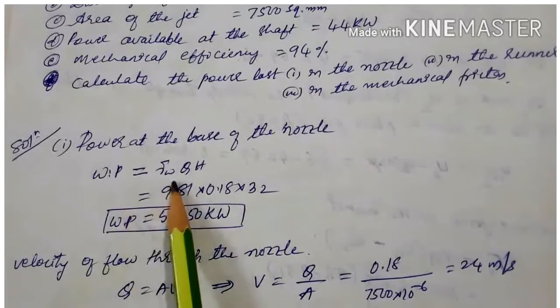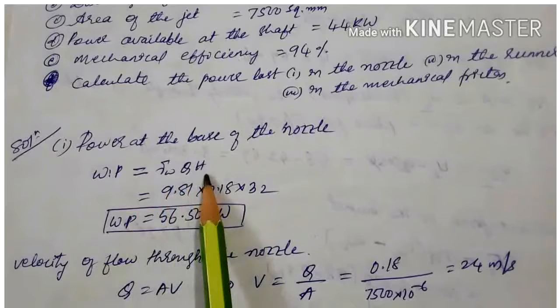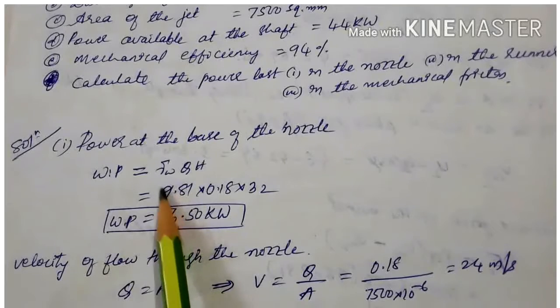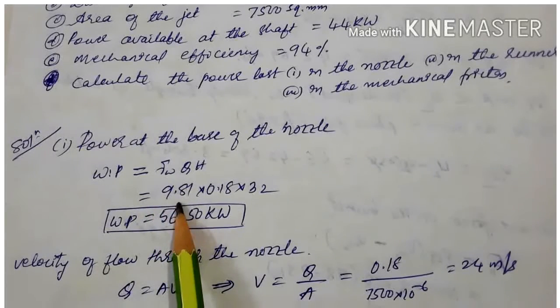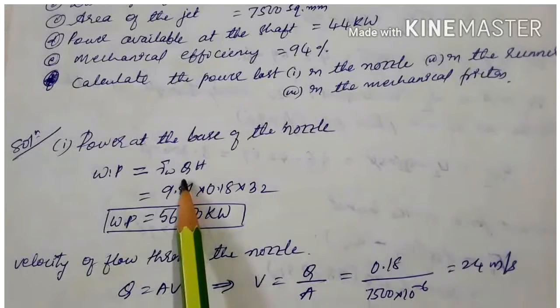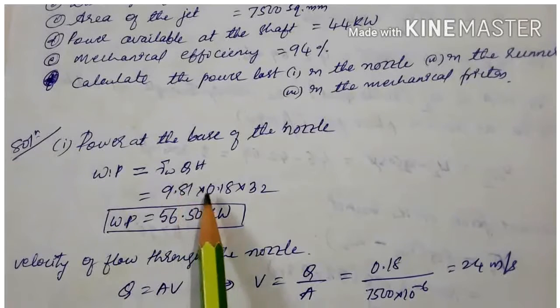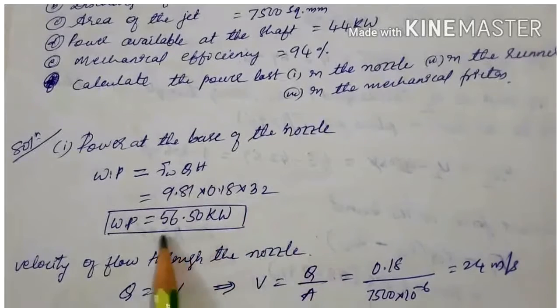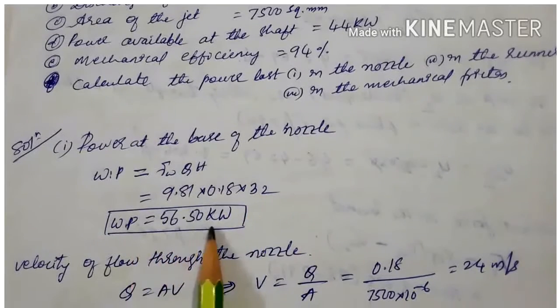Water power can be given as gamma W Q into H. Gamma W is the specific weight of the liquid; since here the liquid is water, it is 9.81 kilonewton per meter cube. Q is also given in the problem, 0.18 meter cube per second. Also the head available is 32. Substituting, we get water power as 56.5 kilowatt.